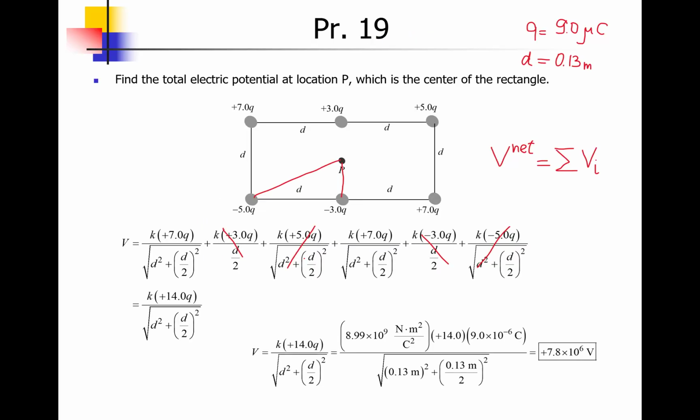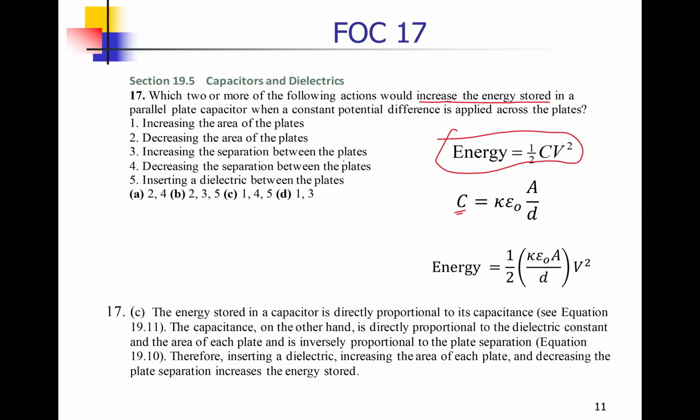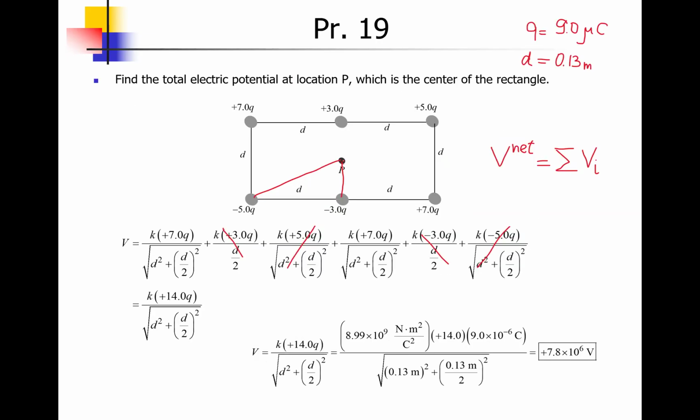The last problem is more difficult, but you are going to calculate the potential in the middle. What you do here is calculate the potential by each charge. We have the negative. Now we can start from the 7, and you have this distance. The 3, you have this distance. The 5, you have this distance.